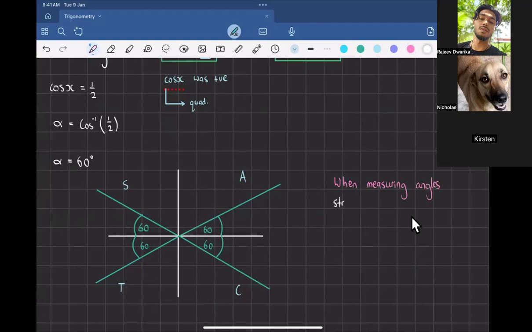You start from 0 degrees and you go in an anti-clockwise motion until you encounter the line.